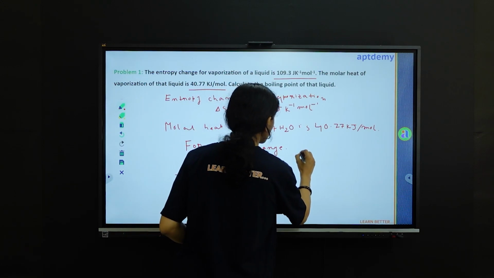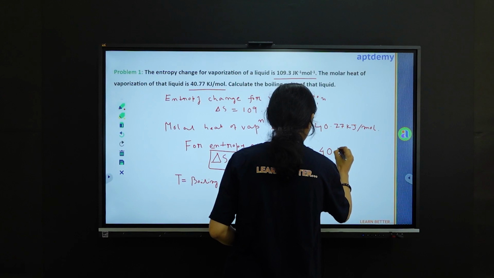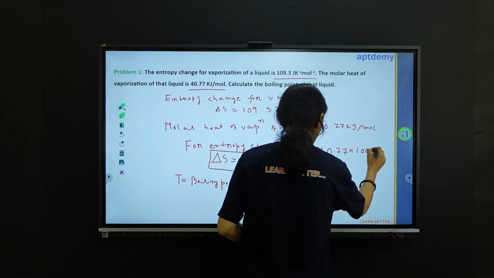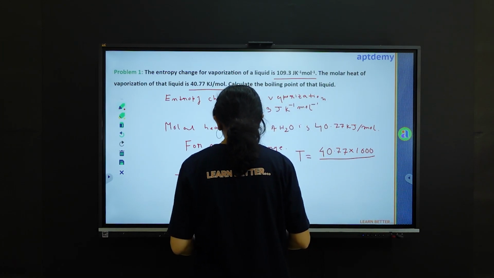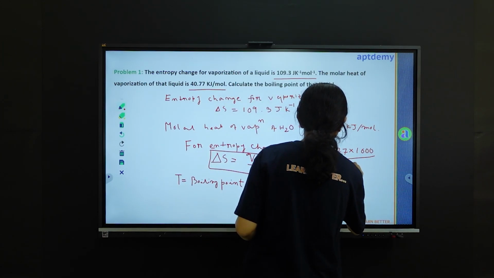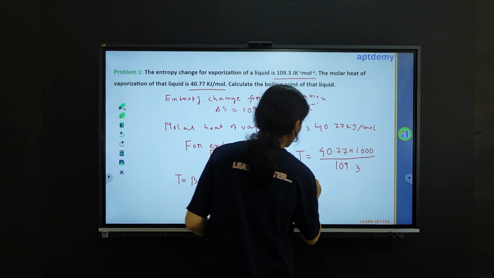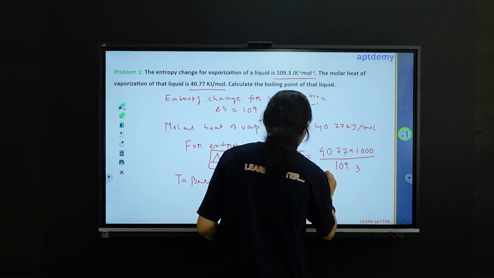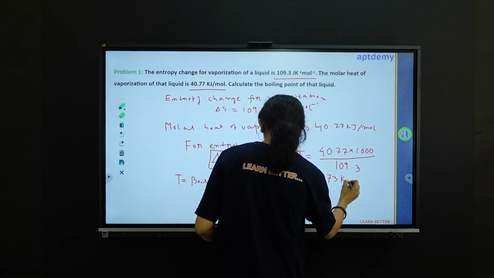The T then will come out as 40.77 times 1000 divided by 109.3, and if you solve, the boiling point will come out as 373 Kelvin.